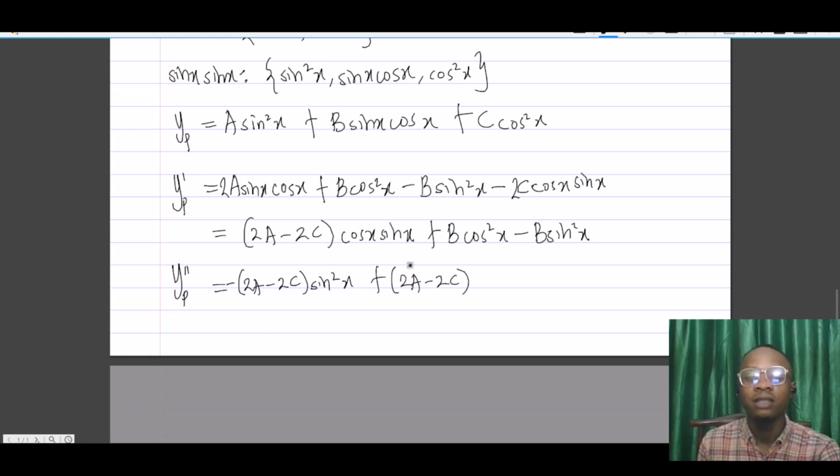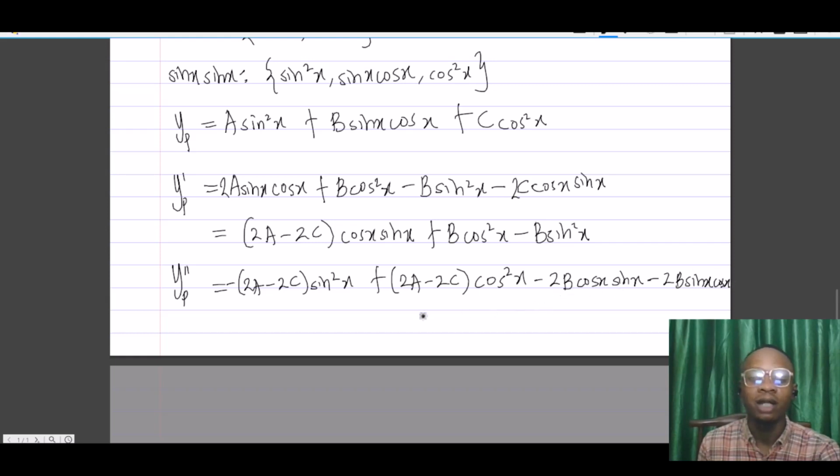Then derivative of sine x is cos x, so this will be cos squared x. Then plus the derivative of b cos squared x, so we see that this is meant to be minus 2b cos x, then multiply by sine x. Then for this one, derivative of sine x is cos x, so this is going to be minus 2b sine x cos x.